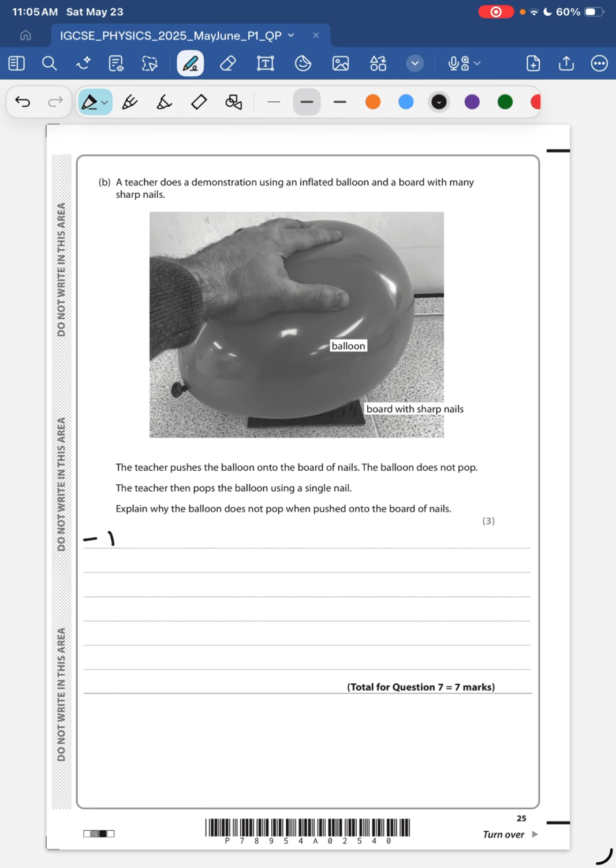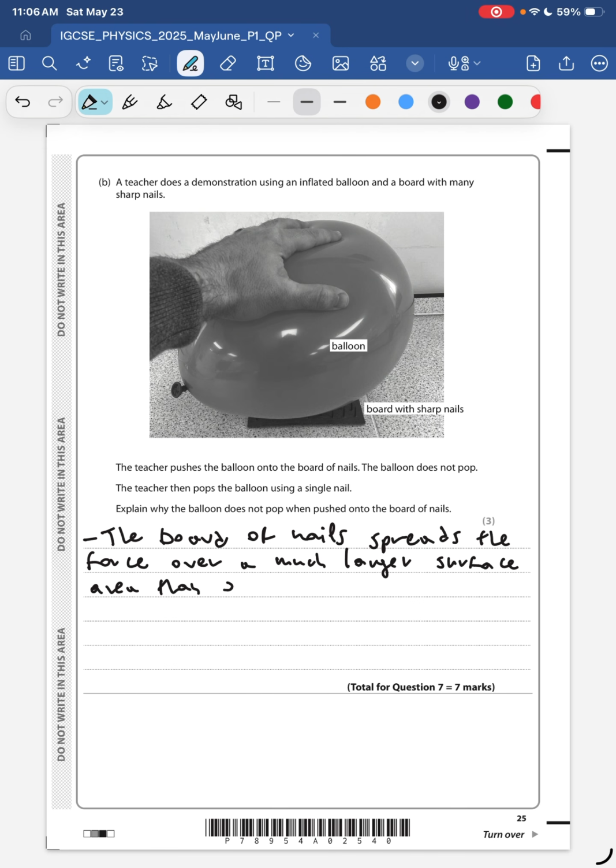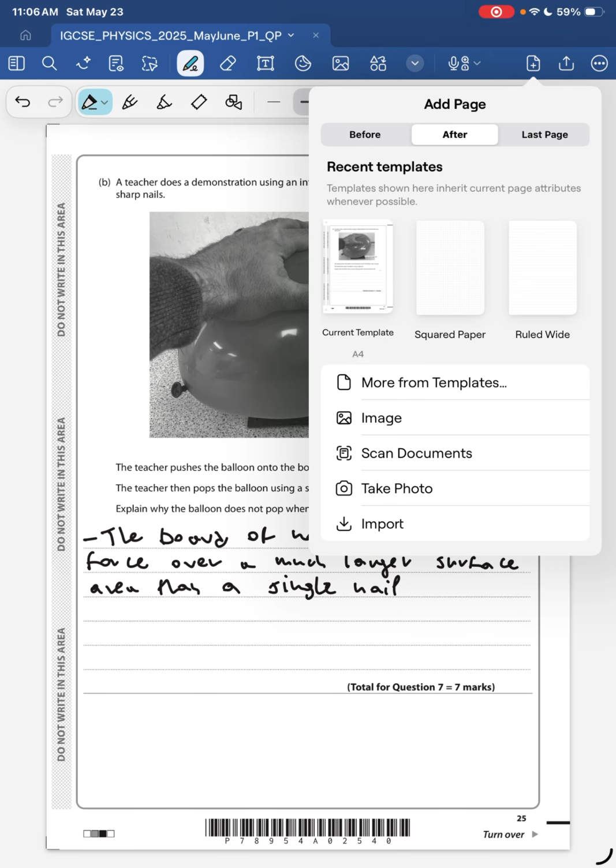So the board of nails spreads the force over a much larger surface area than a single nail. Let's use a clean page again.